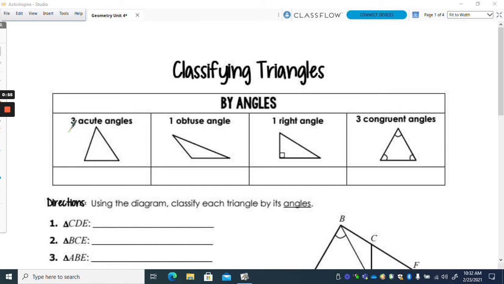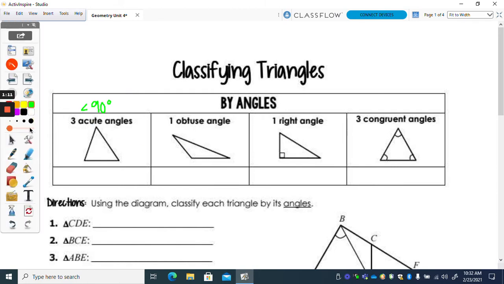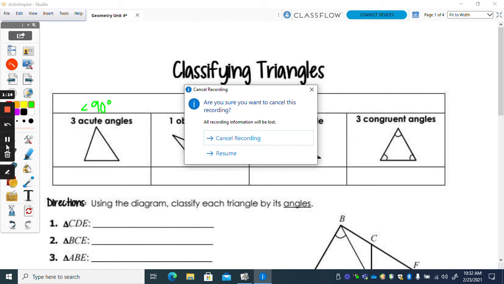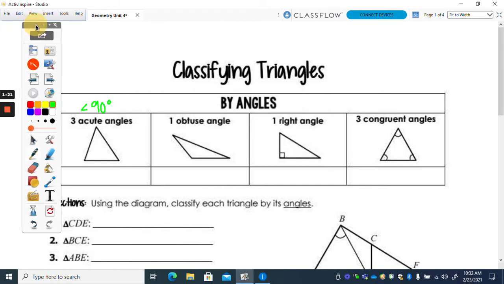If a triangle has three acute angles, and acute angles are less than 90 degrees, it is said to be an acute triangle.